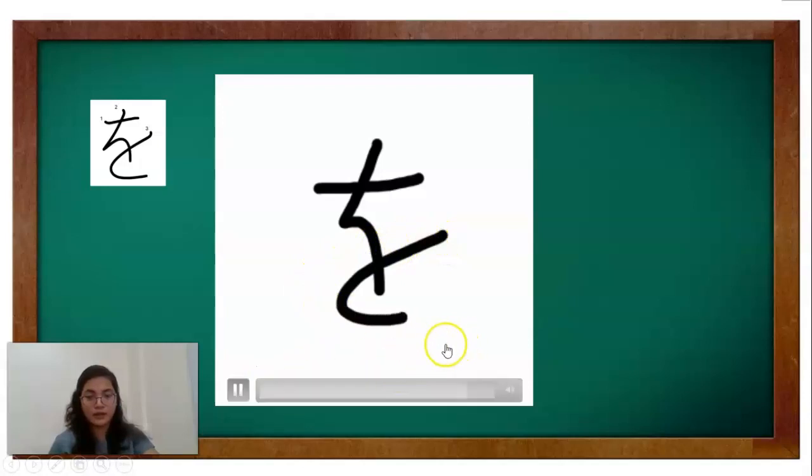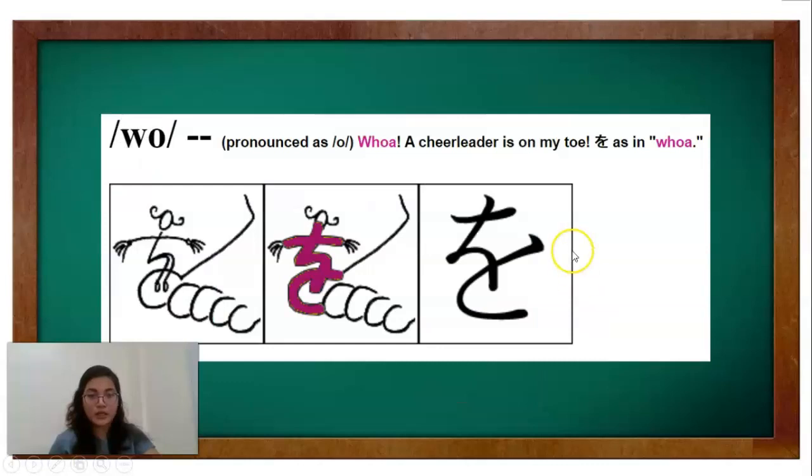Okay, so here is a technique to memorize this character. It is usually pronounced as o. So just think of o as in wo. A cheerleader is on my toe. Just like this.